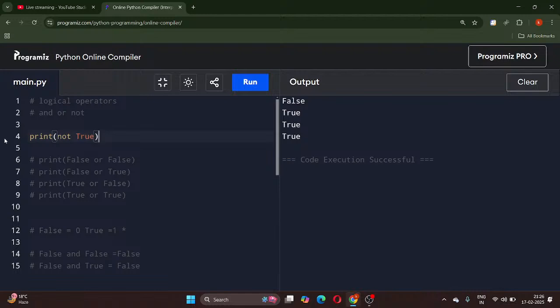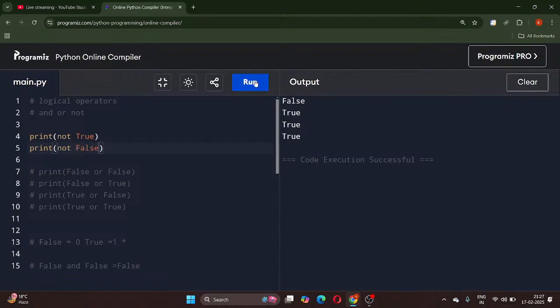So not true simply means false, and if you take the opposite, that is not false, then you are going to get the answer as true. So it reciprocates your result. So false and true, this is what you're getting in this particular case. I hope that this is also very fine, right? This is the NOT operator.